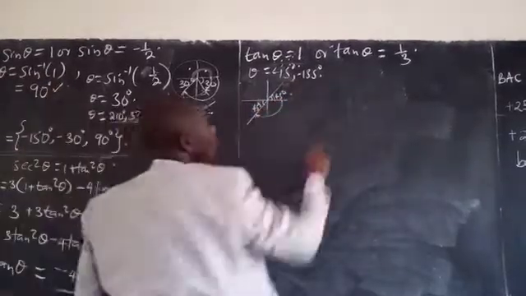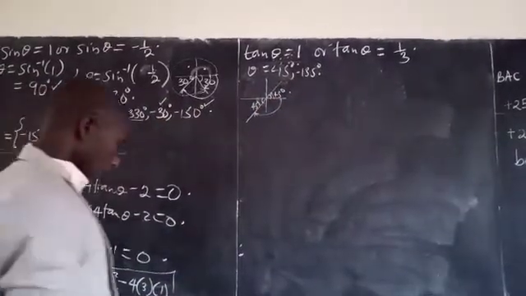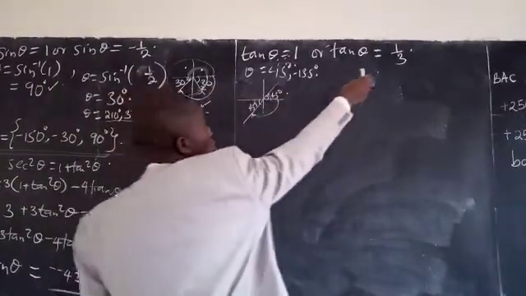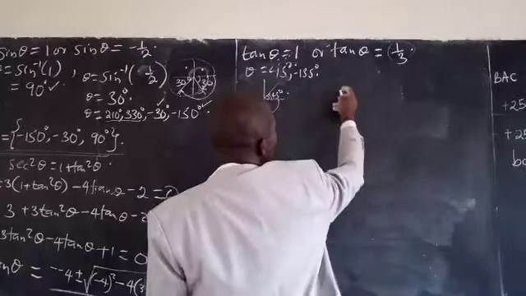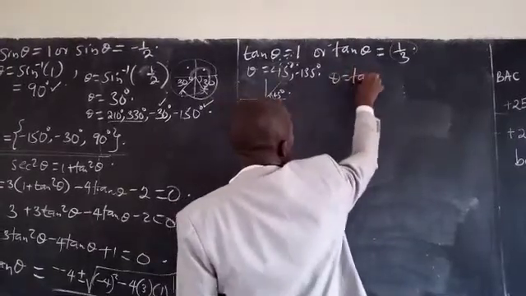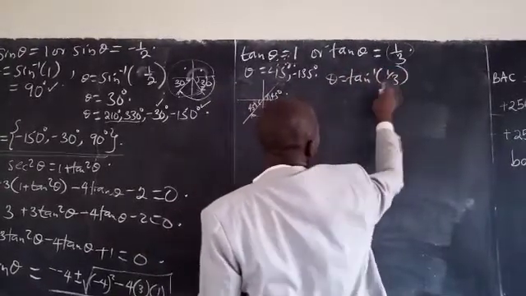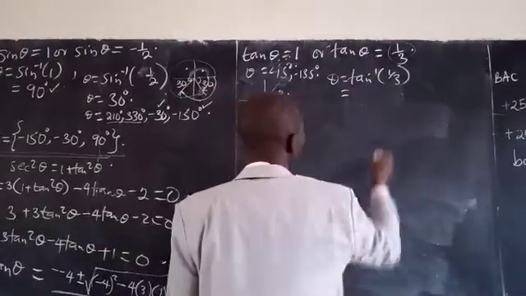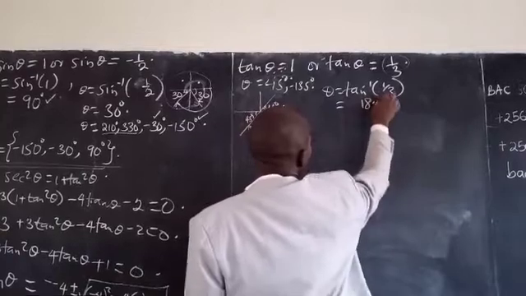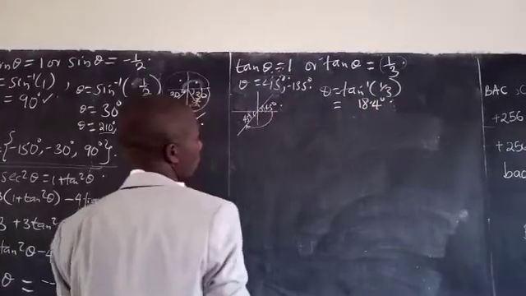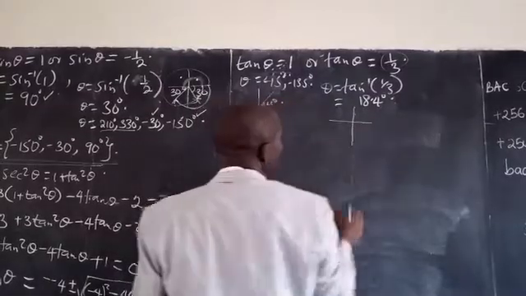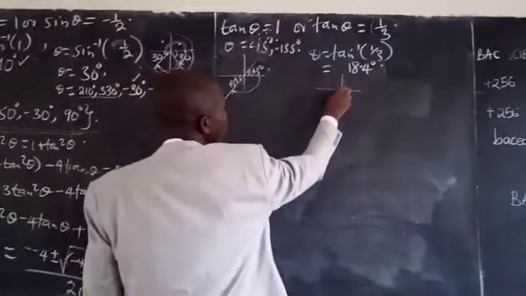So if tan theta equals a third, what is the value of theta? It is also in the first and in the third quadrant, because it is also positive. So theta is tan inverse of a third, and this is equal to 18.4 degrees when you take the tan inverse of that. And then when you draw to get where this angle is, it is here.